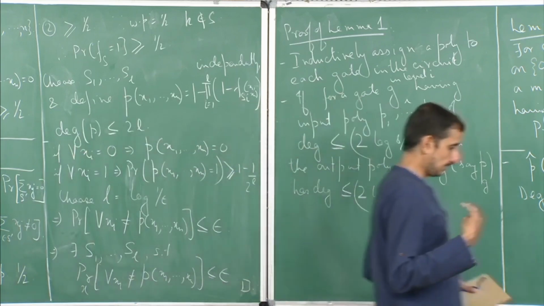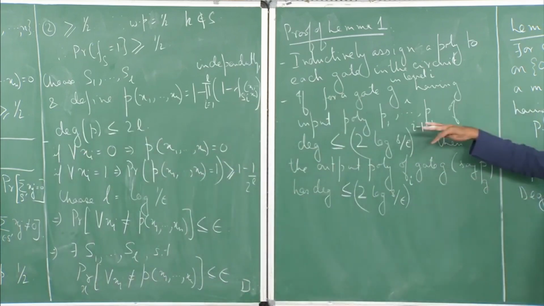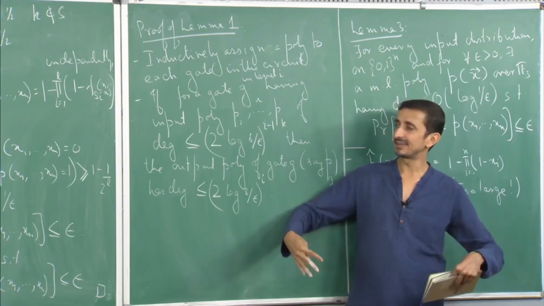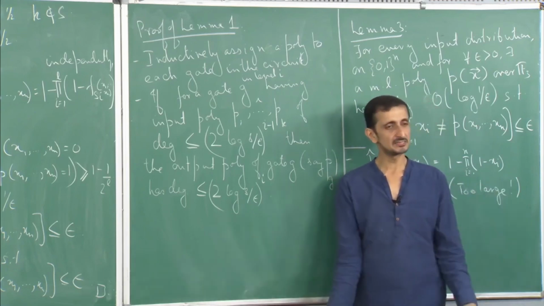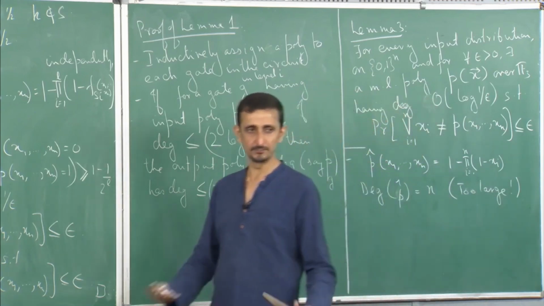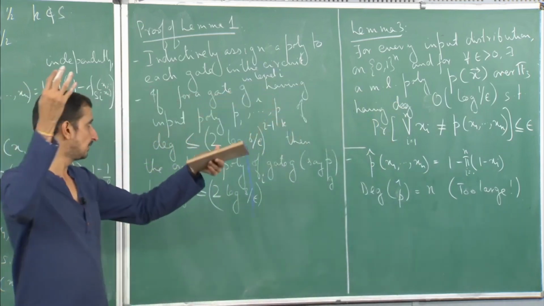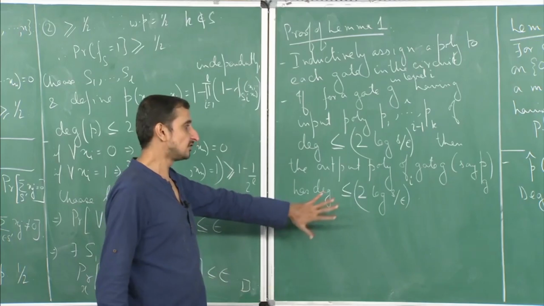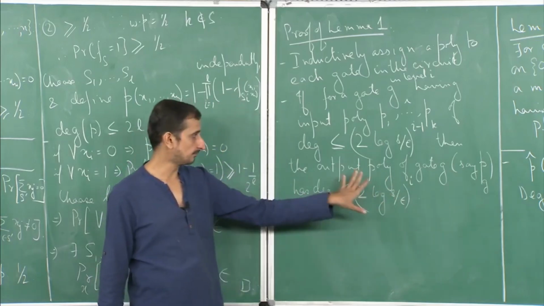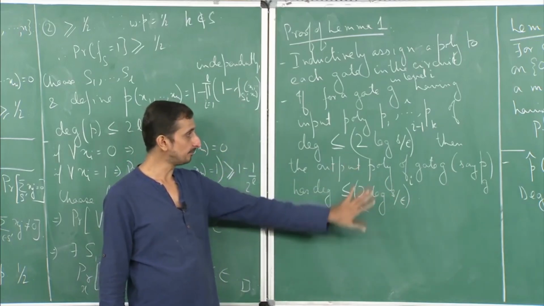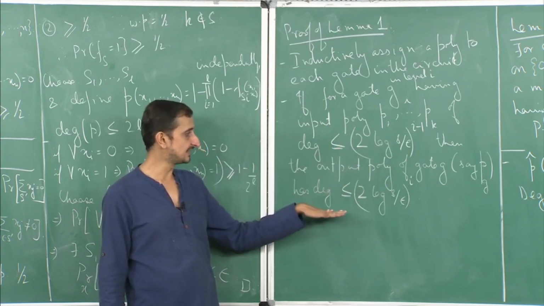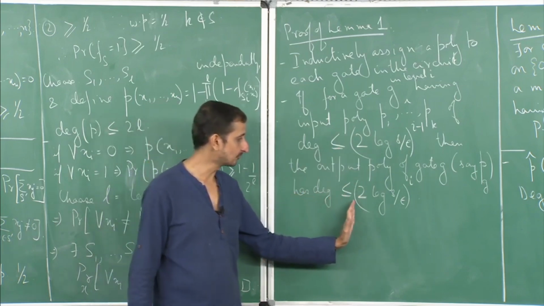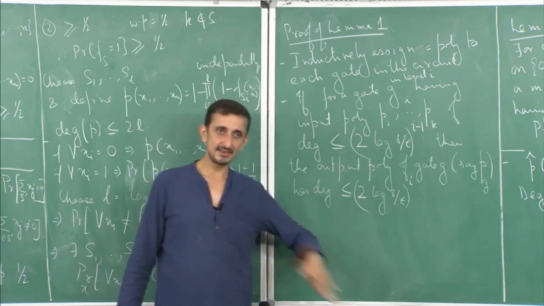So, let me just quickly say what we will be doing here. We will be inductively assigning polynomials to each gate. Basically we will start at the lowest level, that is with the inputs, and then keep on going up. For each gate we will show, and of course there will be some errors, I haven't talked about the errors right now, but what we will show is that the degree increases by a multiplicative factor of 2 log S by epsilon in each level.